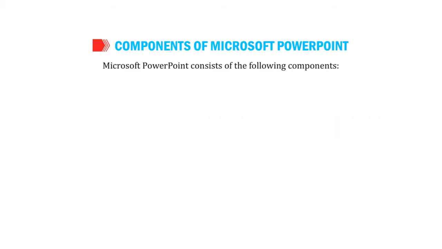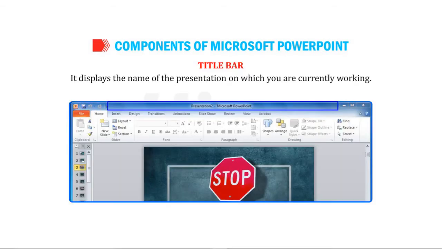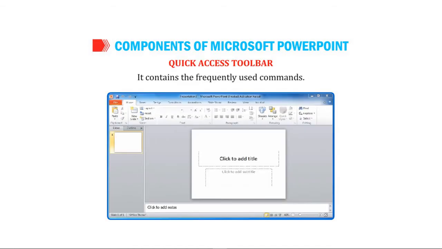First of all, title bar. It displays the name of the presentation on which you are currently working. Quick Access Toolbar. It contains the frequently used commands. You can place this toolbar either above or below the ribbon.